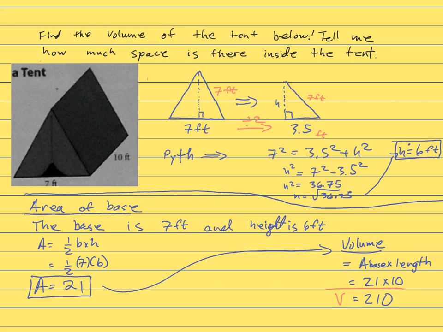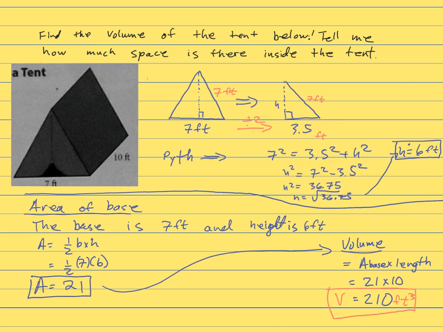So we now can say the volume is 210 feet cubed. And we're done. So you could say there's approximately 210 feet cubed of space inside the tent.